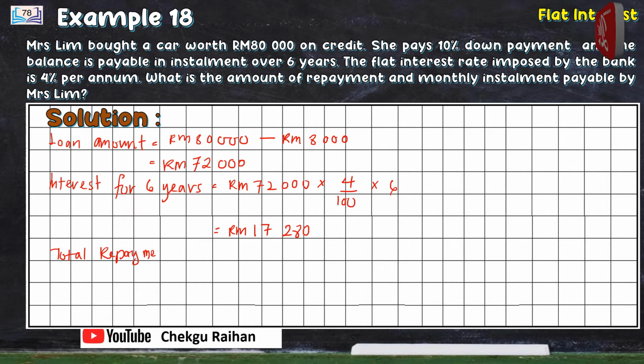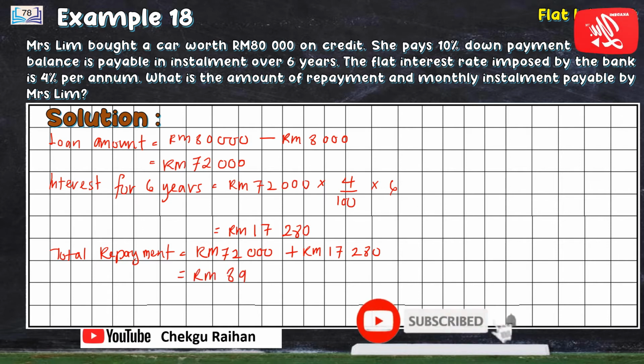So the total repayment equal to Ringgit Malaysia 72,000 plus Ringgit Malaysia 17,280. So total equal to Ringgit Malaysia 89,280.